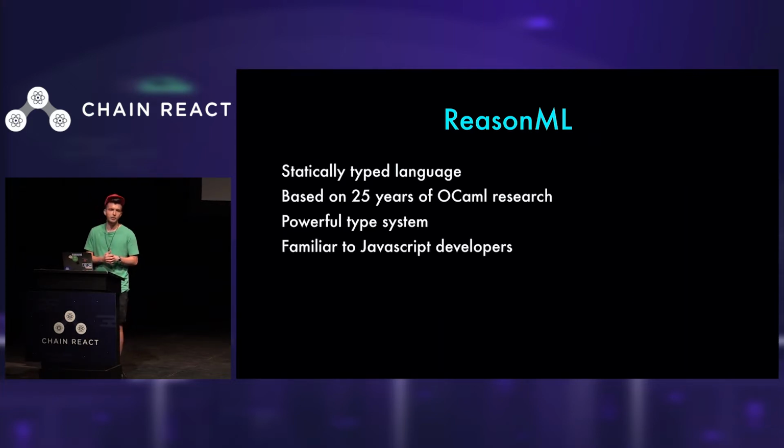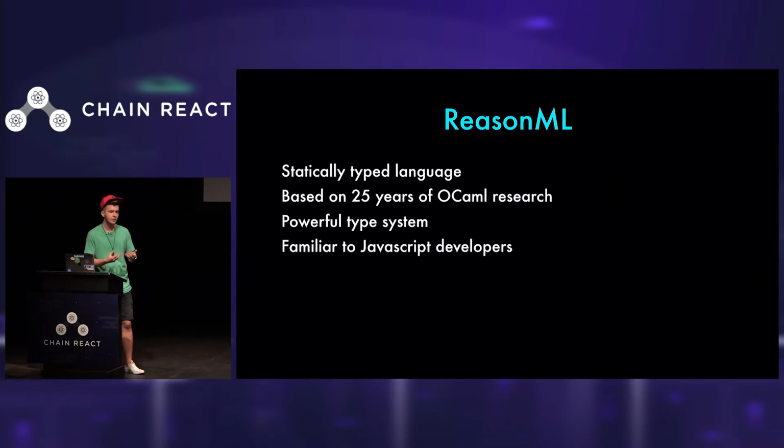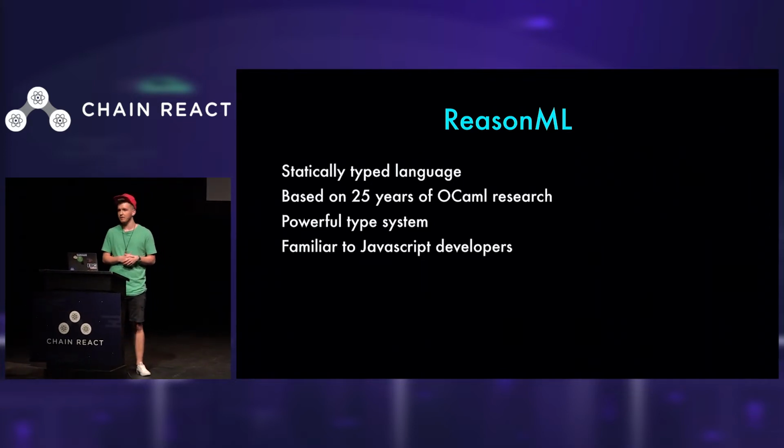And the other key design point of Reason that I'm really excited about is that ReasonML is familiar to JavaScript developers. I experienced that myself because I used to learn OCaml at my university, and I almost failed the subject because of being unable to write algorithms in OCaml. It was just too hard for me.